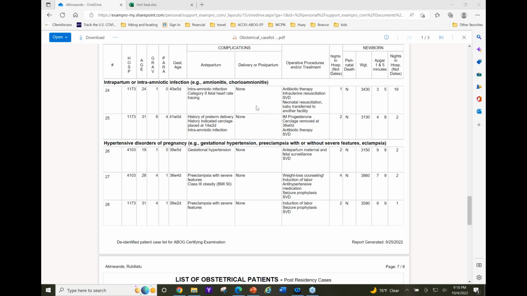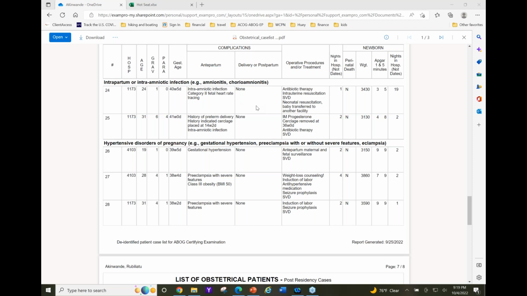So the fetal heart rate tracing, was it ominous? No, it was not. It was just a persistent category 2 tracing despite intrauterine resuscitation. Were you surprised at how the baby did once it was delivered? I was surprised by the numbers being that low, but not completely.